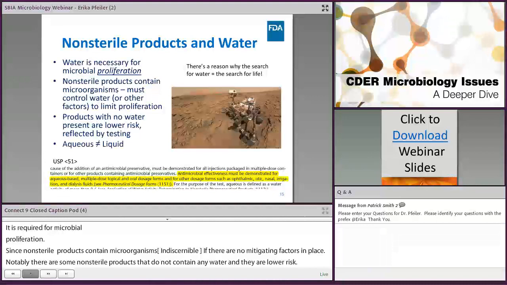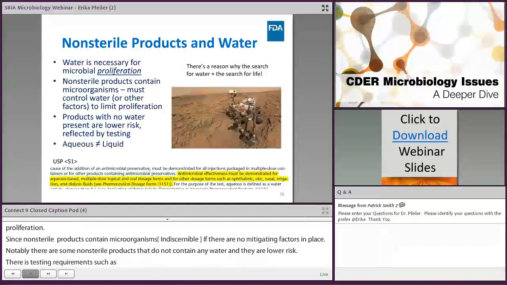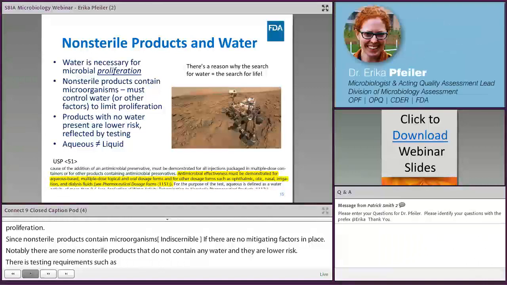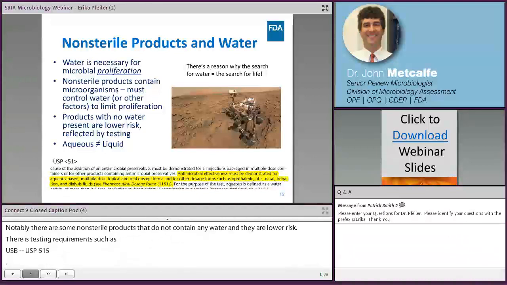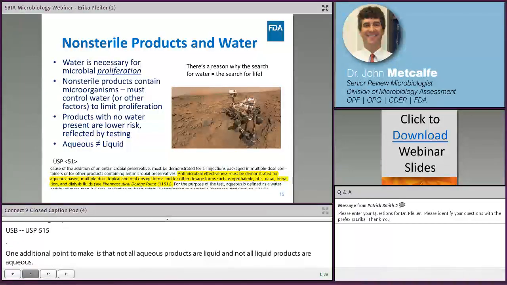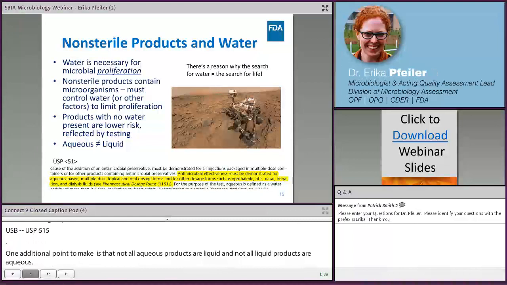And one additional point to make, and this might sound a little silly, but you'd be surprised by how frequently it comes up, is that not all aqueous products are liquid, and not all liquid products are aqueous. There are many semi-solid dosage forms that contain water, and they're therefore at risk, while there are some liquid dosage forms that contain no water at all.